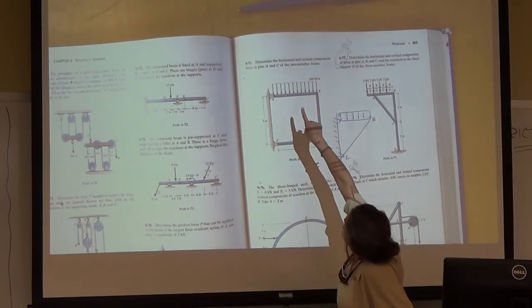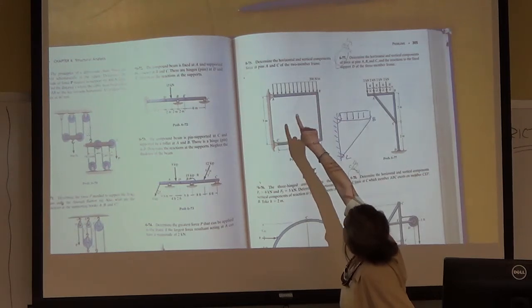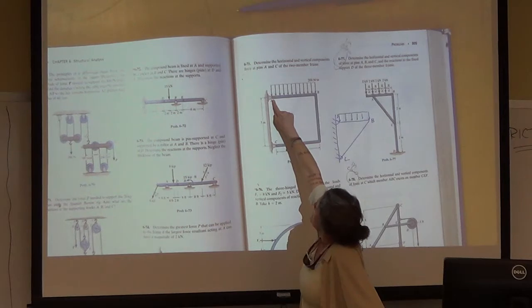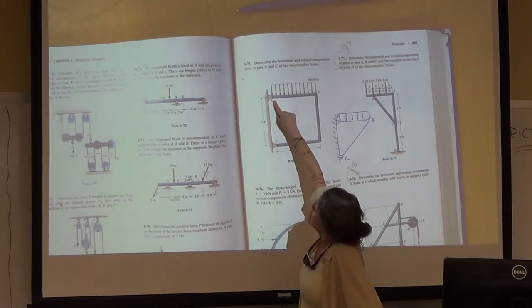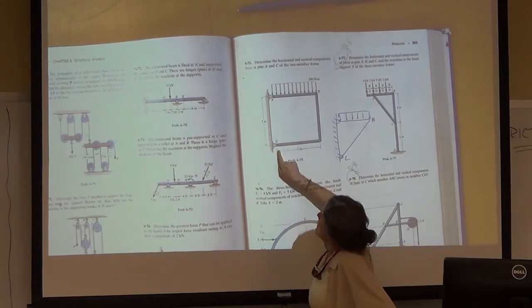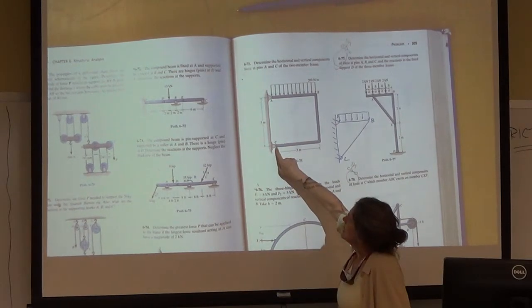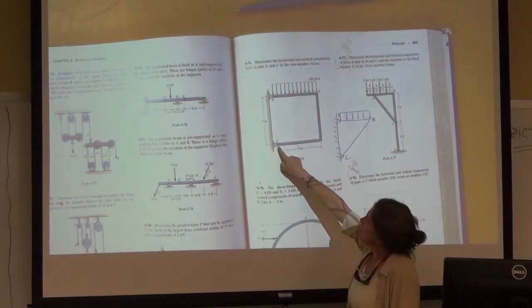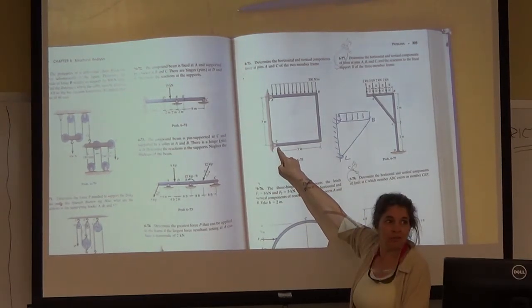Well, let's see. It says determine the horizontal and vertical components of the things in A and C. So you're going to need to find what's in here. How many unknowns are in A? 2. AX and AY. How many unknowns are in C? 2. Think about what we just said. Oh, 1. There's only one. It's a 2 force member, right?